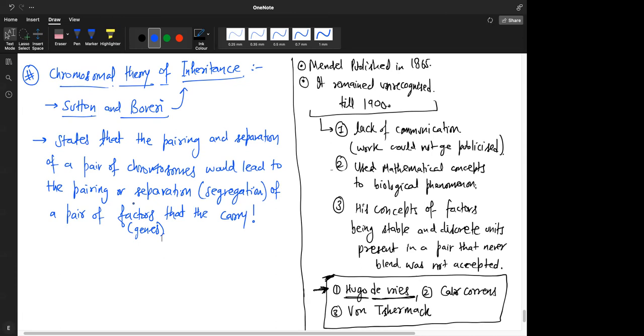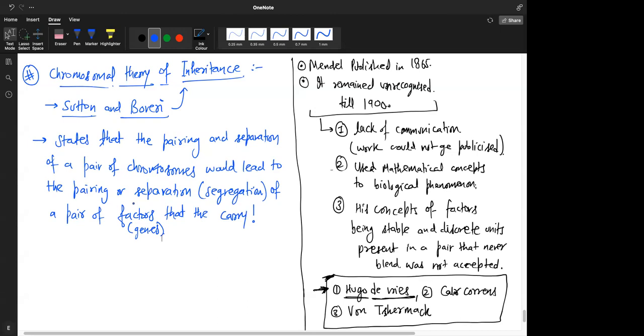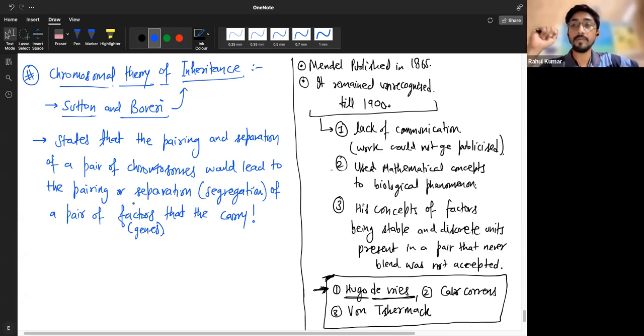How many total chromosomes do we have in our cell? In our cells we have 46 chromosomes, that is 23 pairs, in a diploid cell.